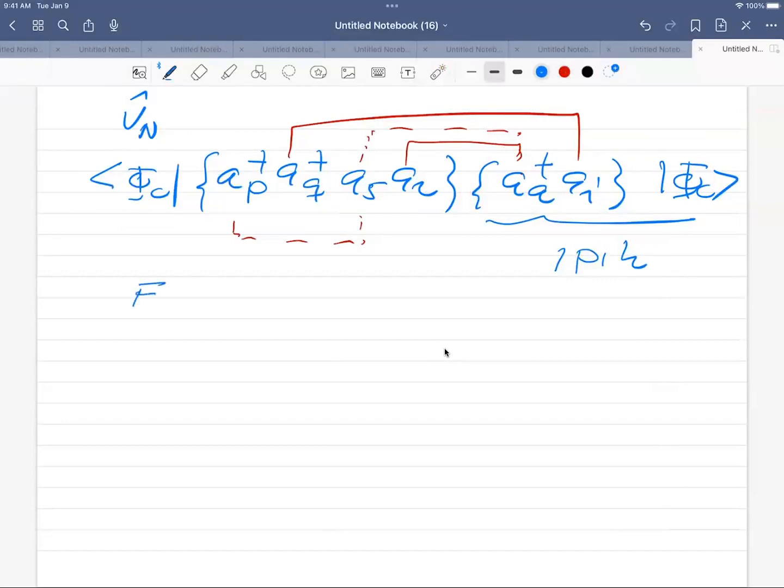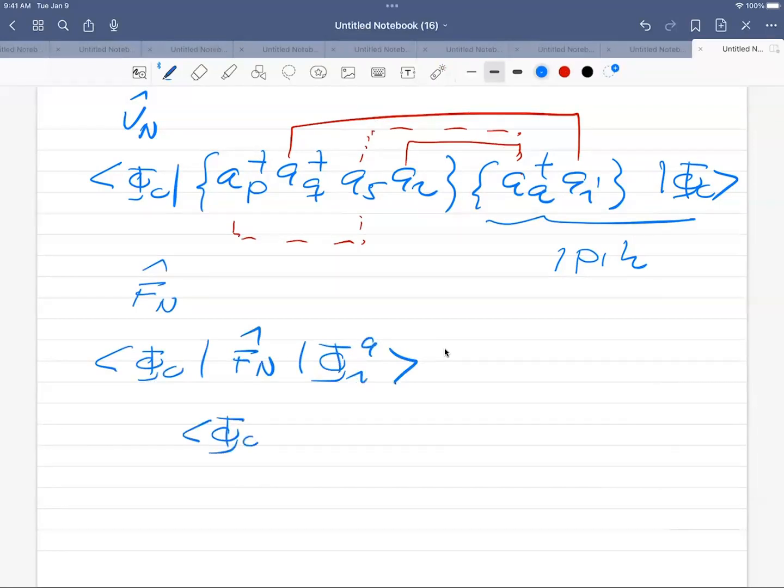So the only term which actually survives here is this term which goes like phi 0, and then I have the F_N operator, and then multiplied with this a_i state. And the elements which we need to look at then are this a_p dagger a_q, and then we have a_a dagger with an a_i. Sorry.